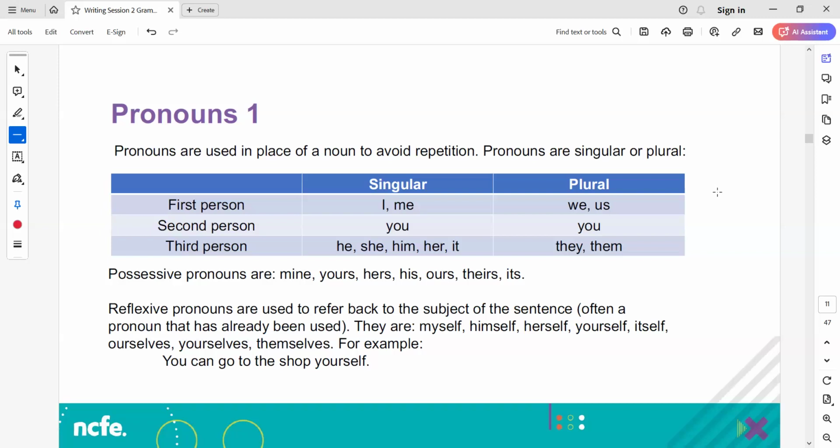That would be a slightly different meaning. So for example, a child asks, "Can I go to the shop? Am I allowed to go to the shop?" Yes, you can go to the shop by yourself. Whereas the meaning of this one would be something like, I'm not going to come with you, you can go yourself.